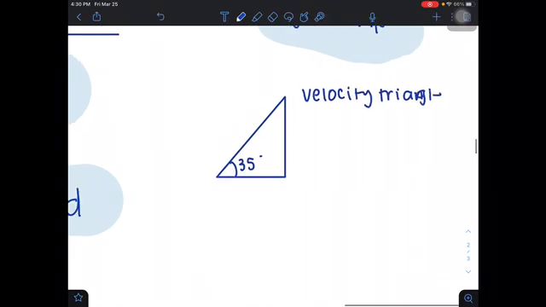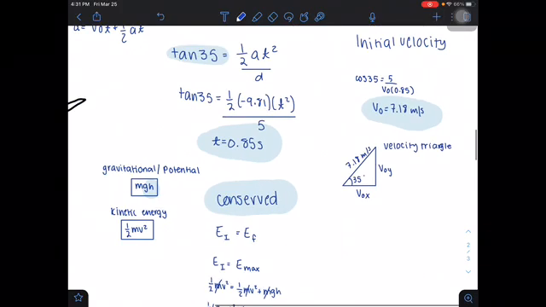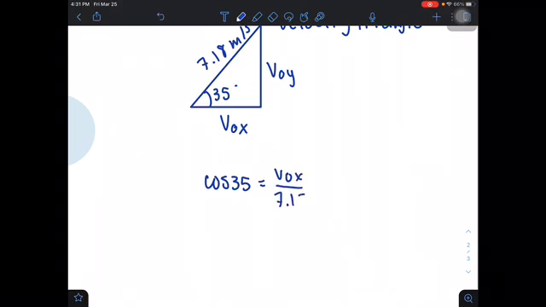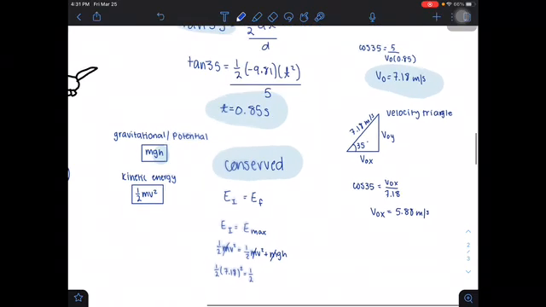So this right here is going to be the 7.18 meters per second. And this is v naught x, so the initial velocity in the x. And this is the initial velocity in the y. And we're going to use cosine of 35 to solve for this v naught x value, which gives us v naught x is equal to 5.88 meters per second.